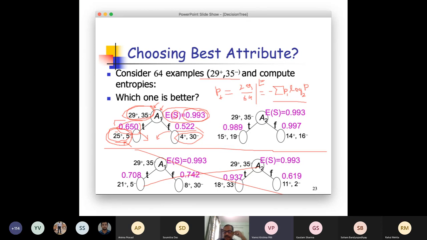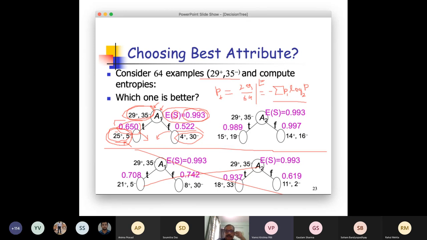If P plus is higher, why can't we say that is the perfect tree? Even in entropy, if P plus or P minus is higher, then entropy is lower. So why can't we stop there? If P plus is higher, then that is the best tree.